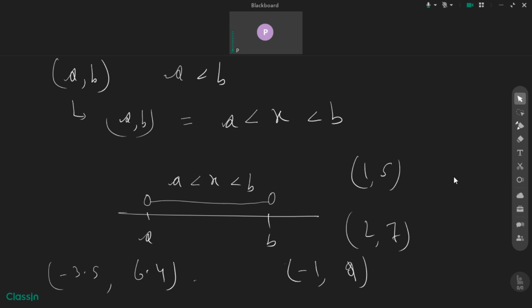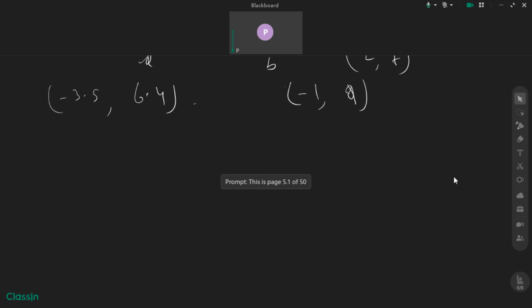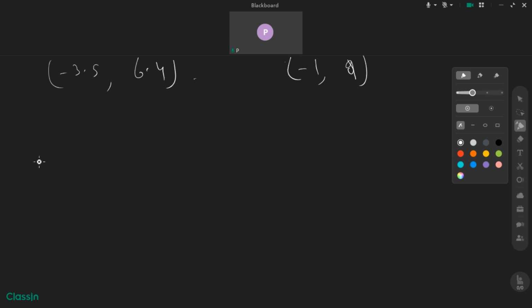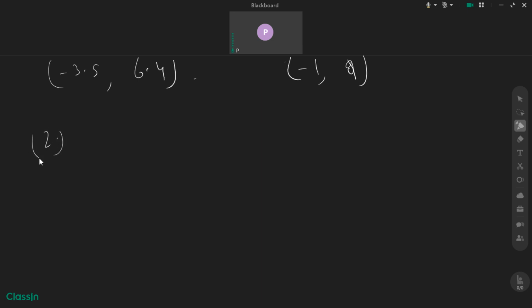Now let us see the second type of subset of real numbers, known as closed intervals.